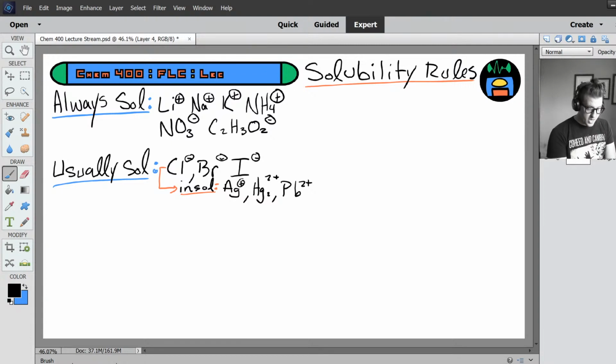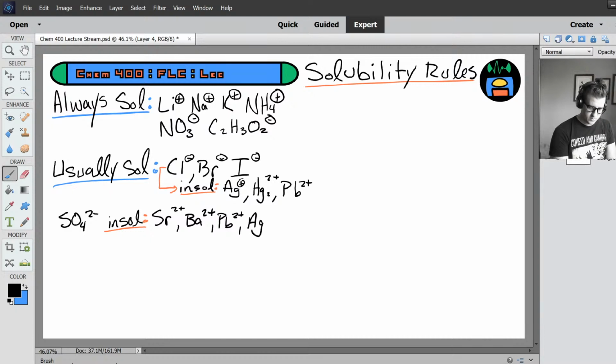Another ion that is usually soluble is sulfate. But sulfate is usually soluble, but it's insoluble with strontium, barium, lead 2, silver, and calcium.